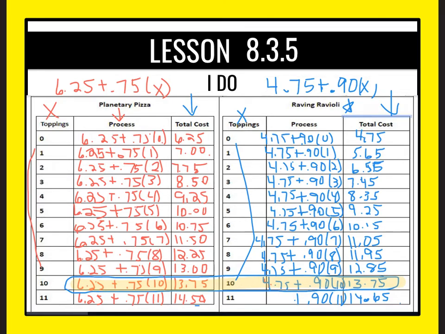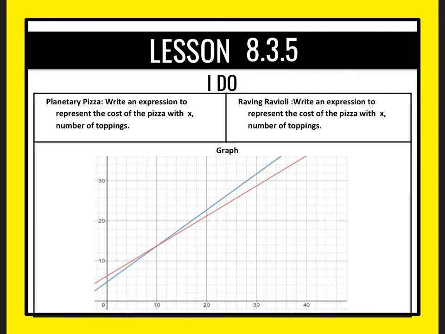Interesting. So we found, though, that at 10 toppings the cost is the same. What does that look like on a graph? That's important for you guys to note. So if I'm thinking of Planetary Pizza, my Planetary Pizza started at $6.25.